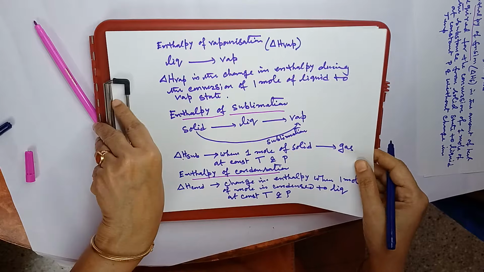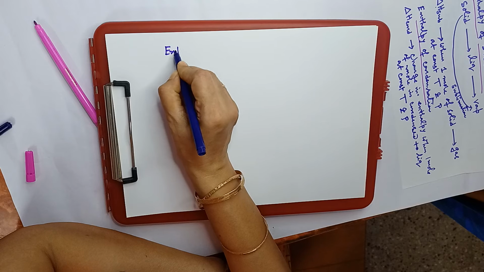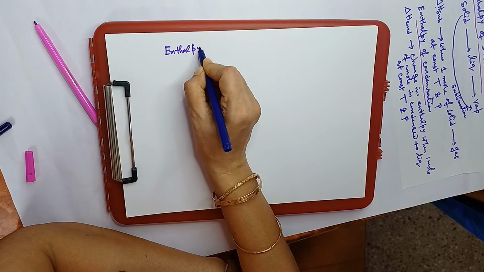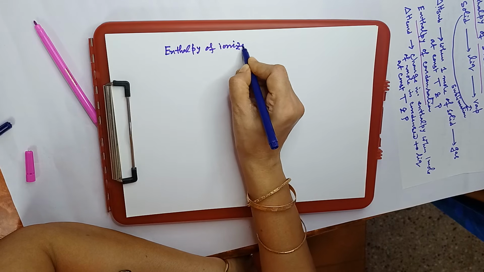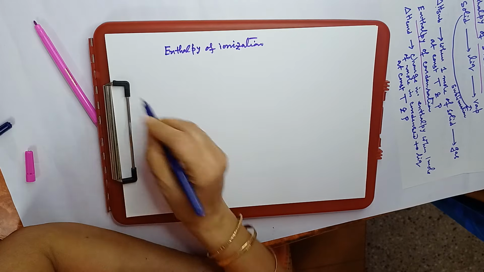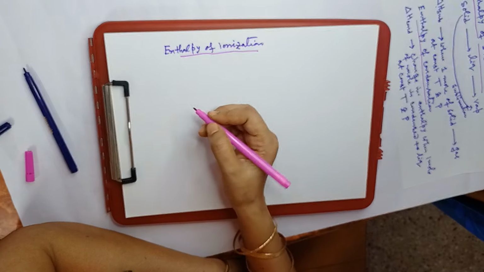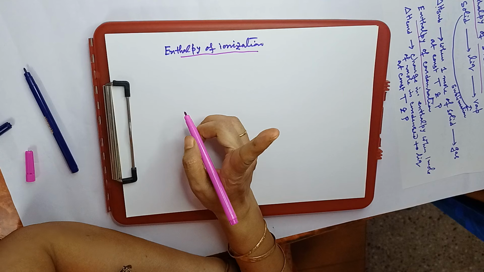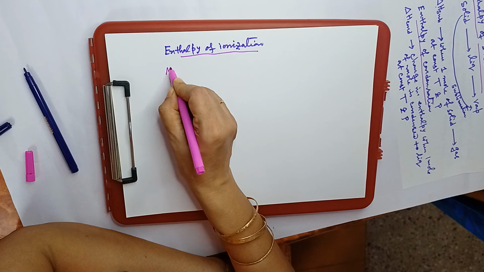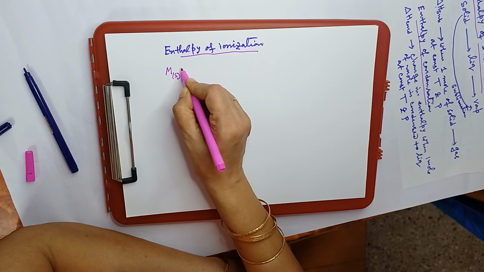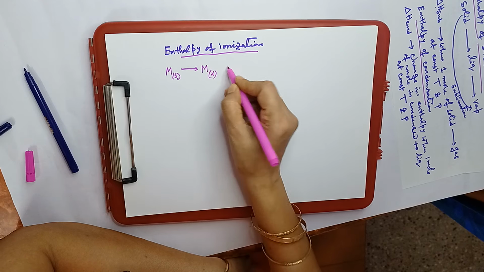Now, the next one, enthalpy of ionization. In a similar way, enthalpy of ionization. Okay. So, say you want to ionize the metal. That means an electron is removed from the metal. But ionization occurs in the gaseous state. So, if you take the solid metal, first it has to be converted to liquid metal. You have to supply energy.